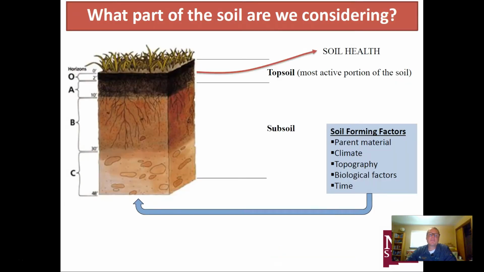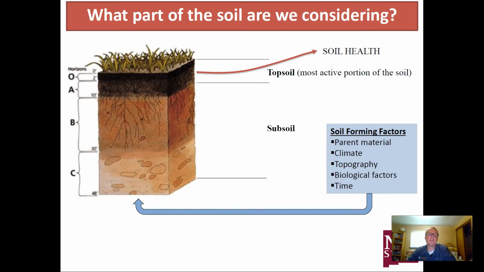So let's look at the different parts of the soil. We have different horizons or layers of the soil. Your O horizon is basically your very, very top couple inches, your organics. The O stands for organic horizon. And then the next few inches is your most active portion of the soil, and that's your topsoil.